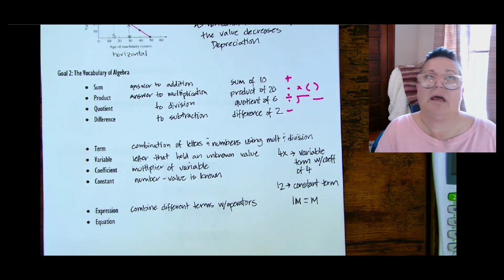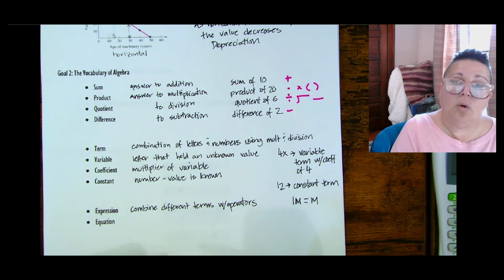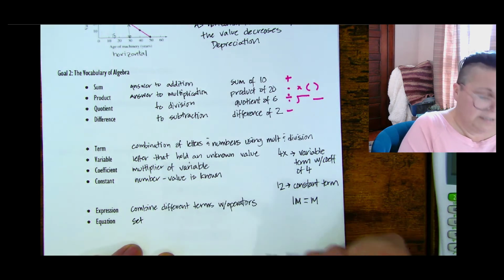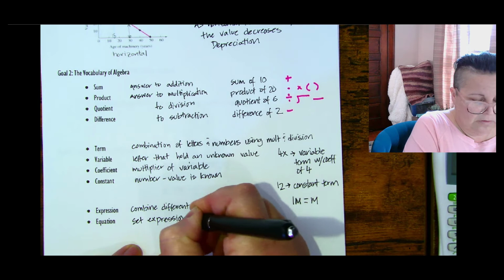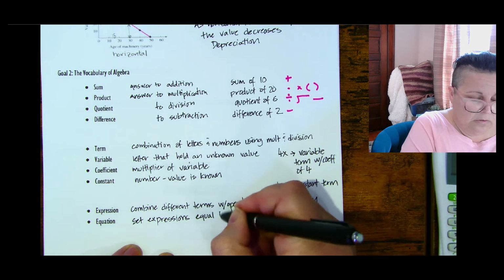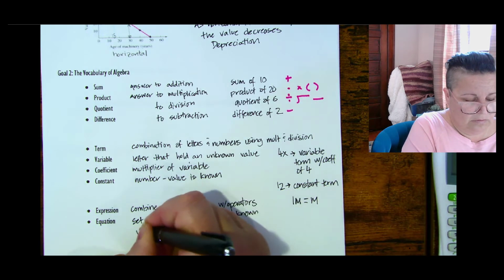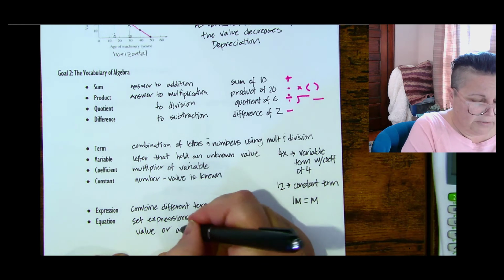That is addition, subtraction, multiplication, division. An equation happens when you set expressions equal to a known value, or in some cases, another expression.